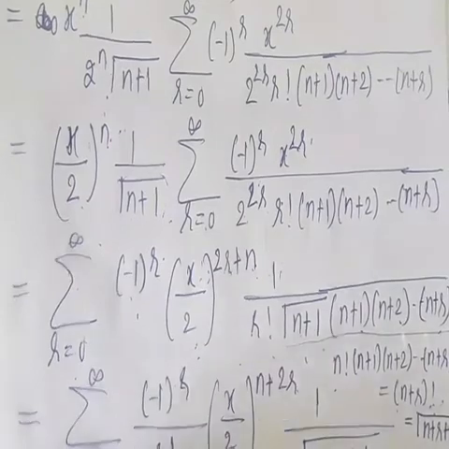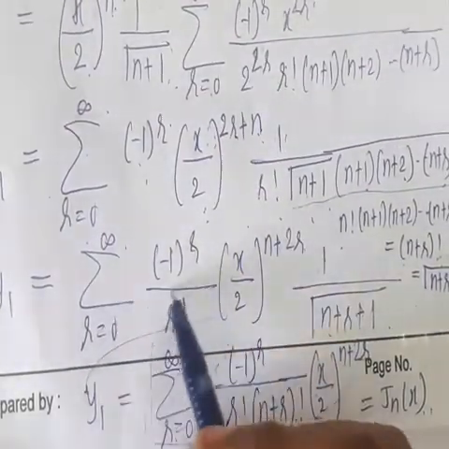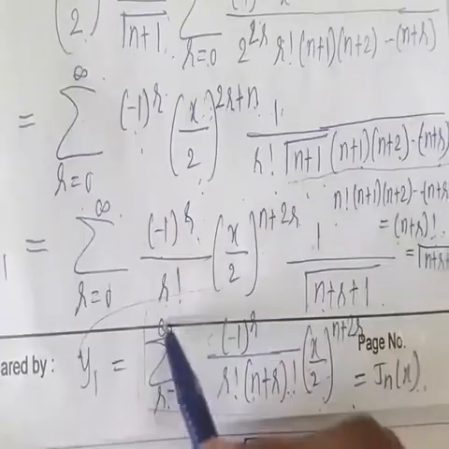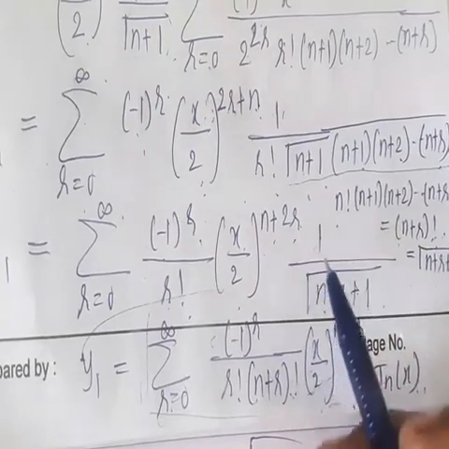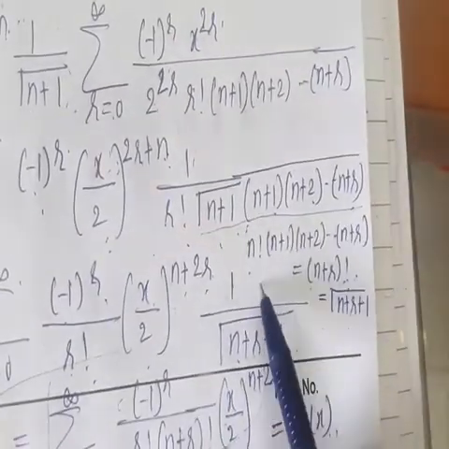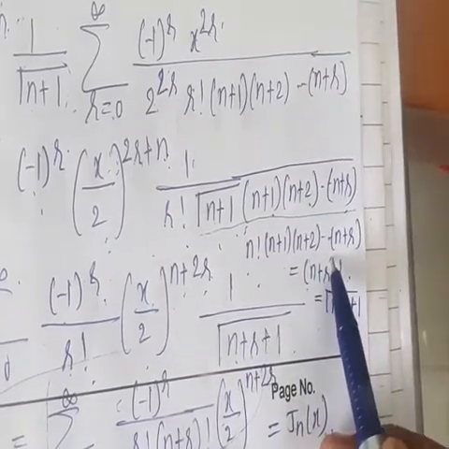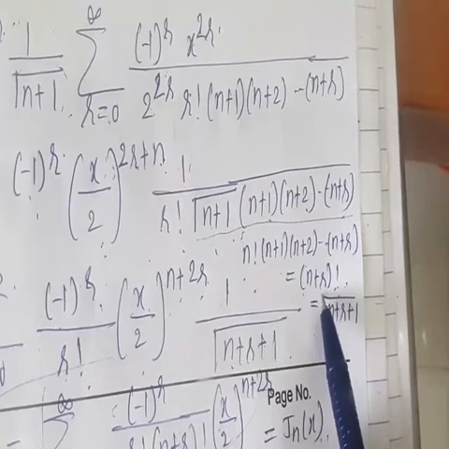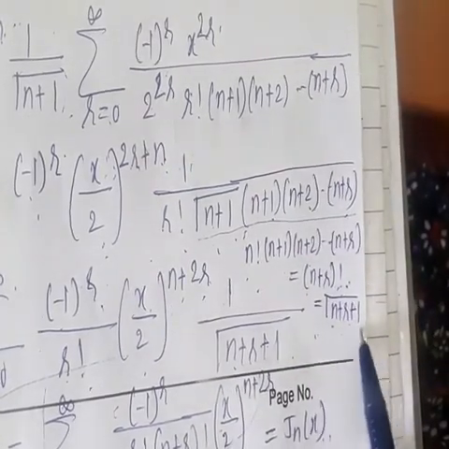Now y1 can be written as y1 is equal to summation r is equal to 0 to infinity minus 1 to the power r by r factorial, x by 2 to the power n plus 2r, and this gamma of n plus 1 is nothing but n factorial. N factorial into n plus 1, n plus 2 up to n plus r can be written as n plus r factorial, or you can write it as gamma of n plus r plus 1.